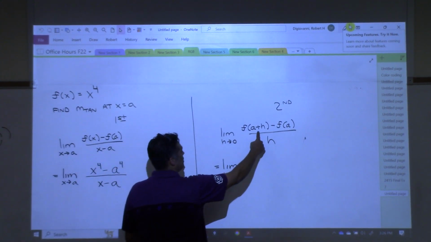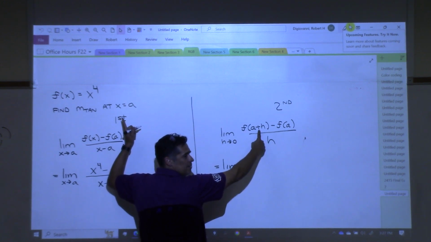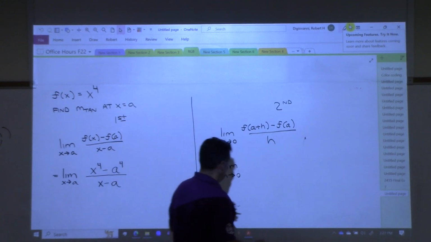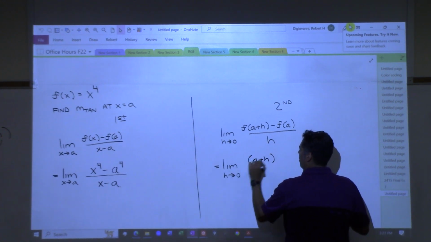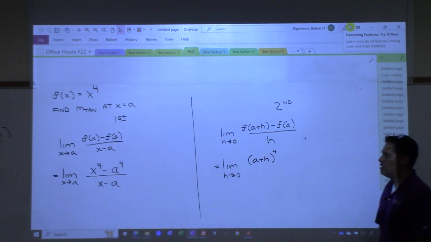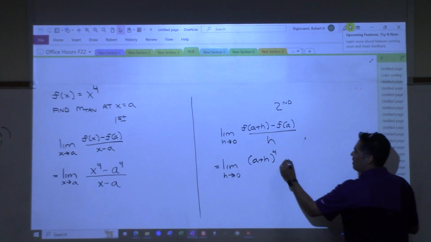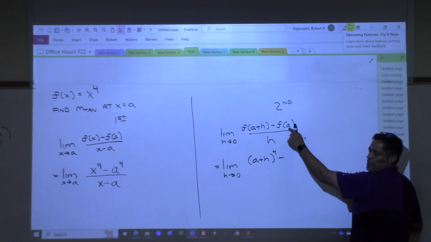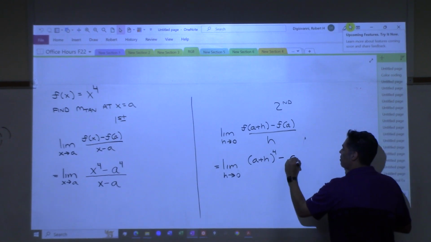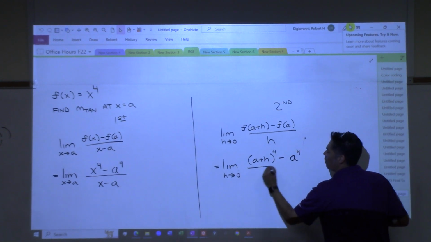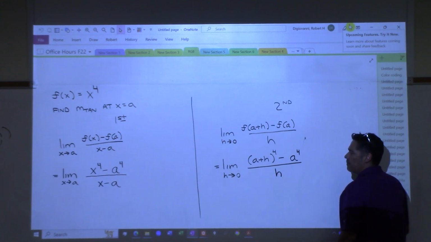What is this for us? a plus h into that function would be a plus h to the fourth power, right? And then minus, what's f of a? a to the fourth as well, right? So a to the fourth, and then that's all over h.